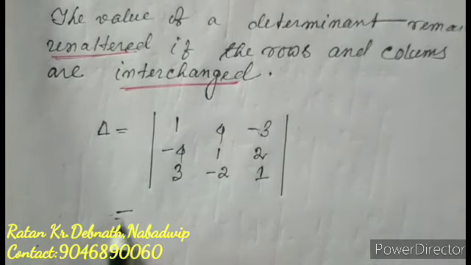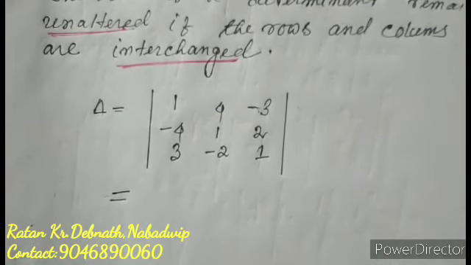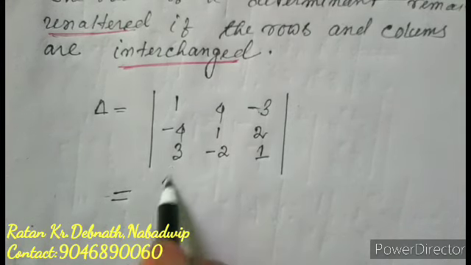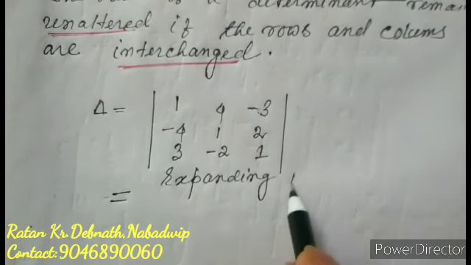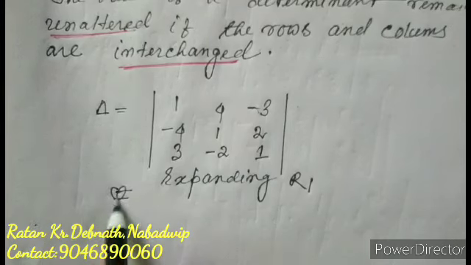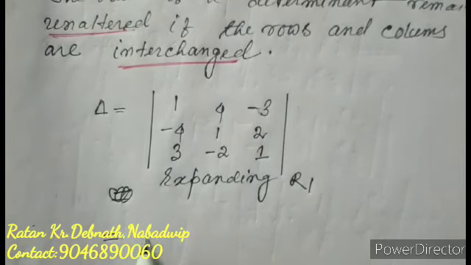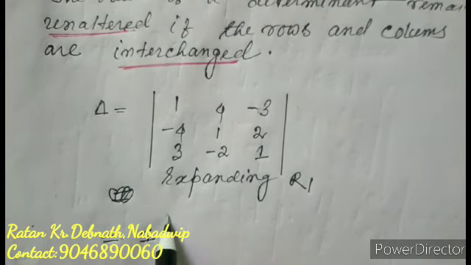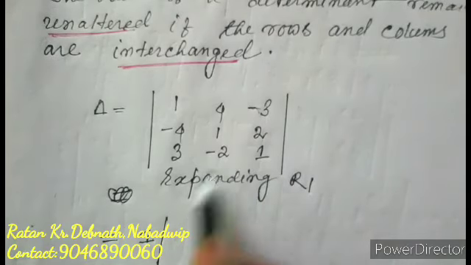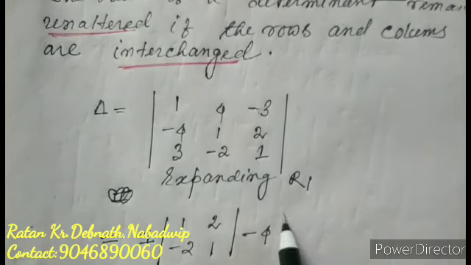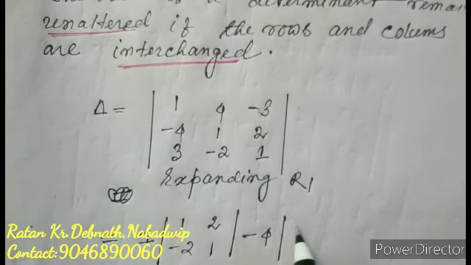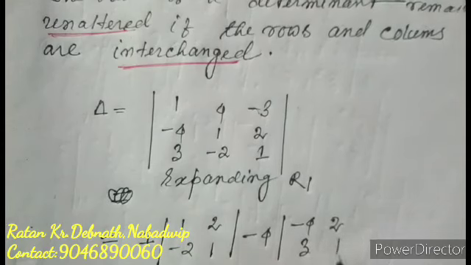I am expanding this determinant with respect to first row, R1. You already know how to expand the determinant. So 1, remaining part 1 minus 2, 2 1, minus of 4, suppress minus 4, 3, 2 1.